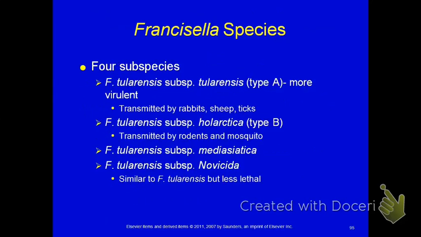There are 4 subspecies of Francisella. These include the subspecies tularensis type A, which is more virulent and transmitted by rabbits, sheep, and ticks, also known as biotype A. Another one is biotype B, the subspecies holarctica, which could be transmitted by rodents and mosquitoes.